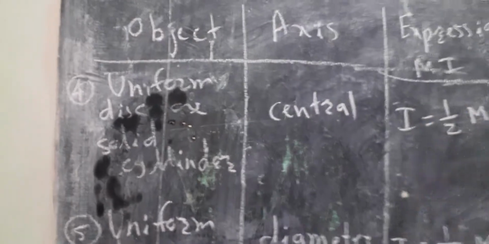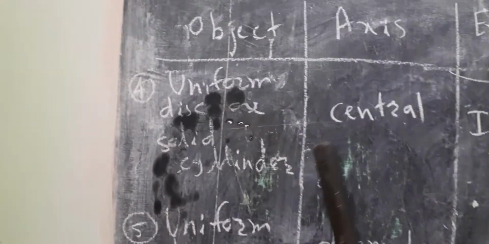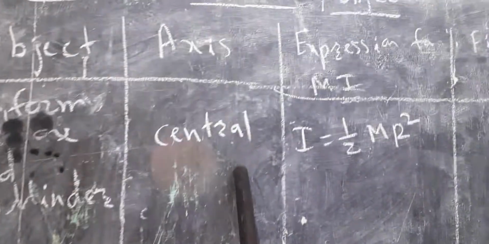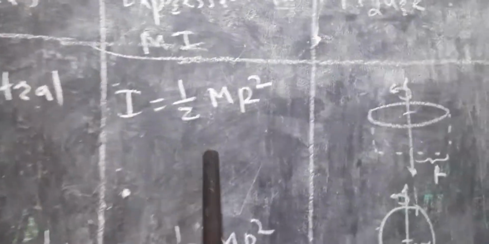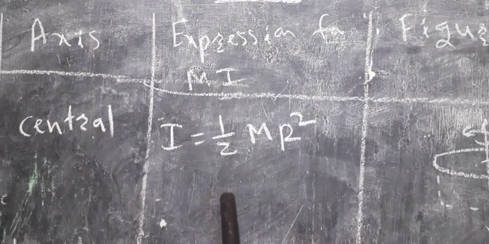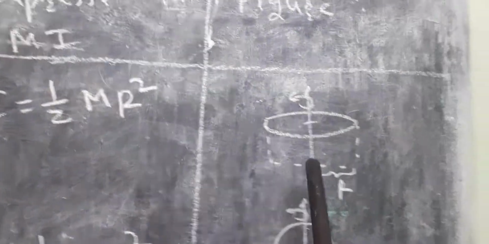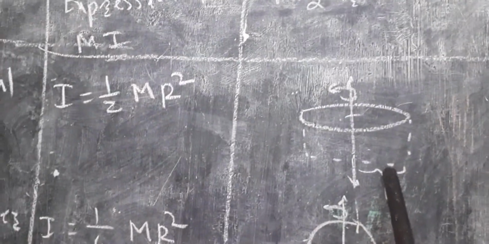The next object is uniform disc or solid cylinder. Again, axis is central, and expression for moment of inertia in this case I is equal to 1 upon 2 mr square, and we get diagram like this. So we should know this formula. Then next object is uniform disc.